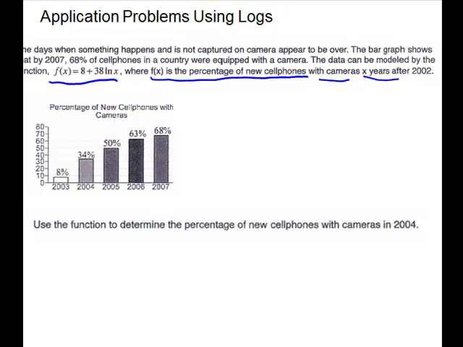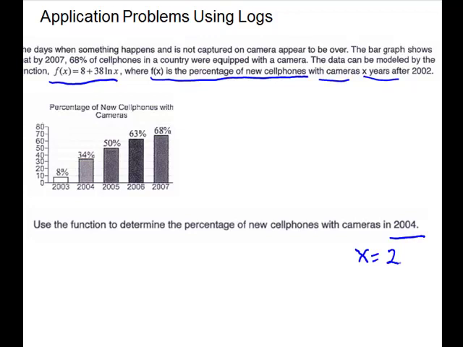Our first question asks us to use this function to determine the percentage of new cell phones with cameras in 2004. And so our x is years after 2002. So if we want 2004, our x is going to be 2.